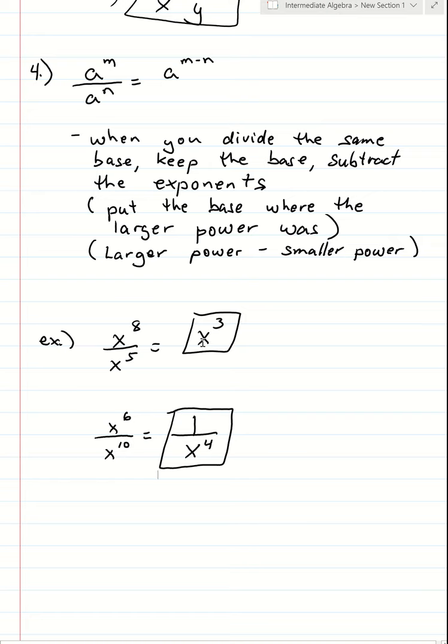If the variable stays in the numerator, you don't need anything in the denominator. You could write x to the 3rd, and if you wanted to, you could put a 1 on the bottom. X to the 3rd over 1 is the same thing as x to the 3rd. But it's optional, and that's why I wrote it in a slightly different color.